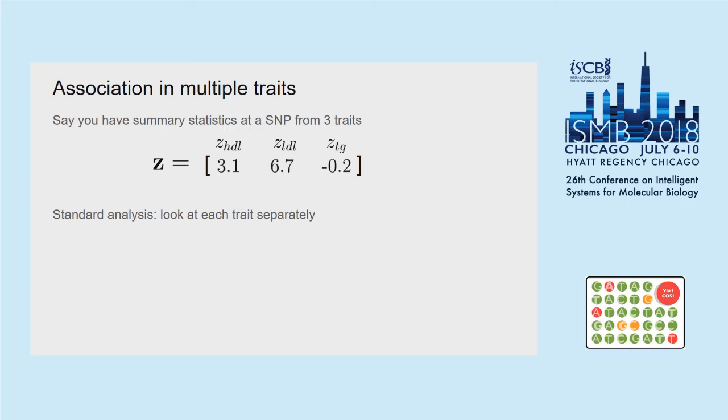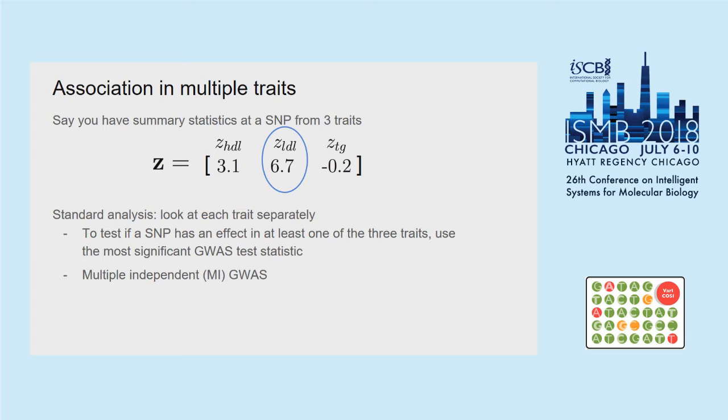If you wanted to answer the question, is this SNP associated with at least one of these 3 traits, you would just look at the maximum, the most significant z-score out of these 3 traits. In this case, it would be the LDL z-score. If that one crosses the threshold, you know that SNP is associated with at least one trait, and you just ignore the rest. We're going to call this standard analysis multiple independent GWAS, or MI-GWAS.